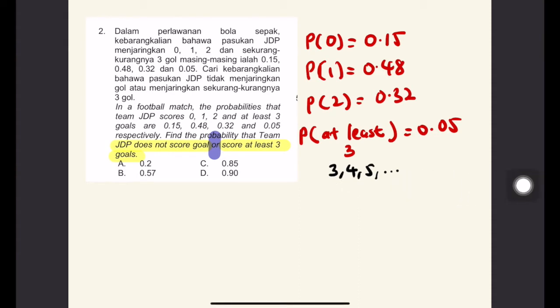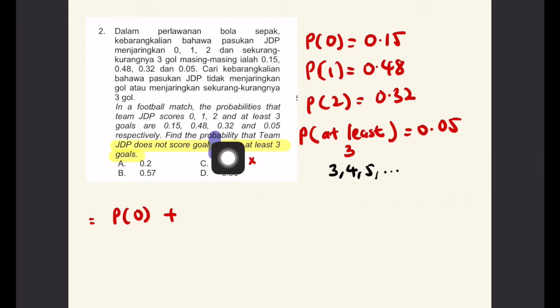The question asks us to find the probability that team JDP does not score a goal, which means P of 0. So we have P0 plus, why plus? Because of the word 'or'. If it is 'or' we use plus; if it is 'and' we use multiplication, we will see that in the next question.